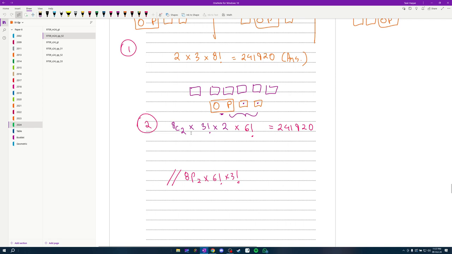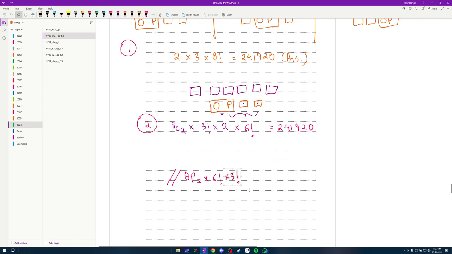Or the other route was, basically, we could just do 8p2. What does that mean? Out of the 8 people, we could pick any 2 and make them sit over here with arrangement, because they can interchange their positions. 6 factorial for the ones in the back.